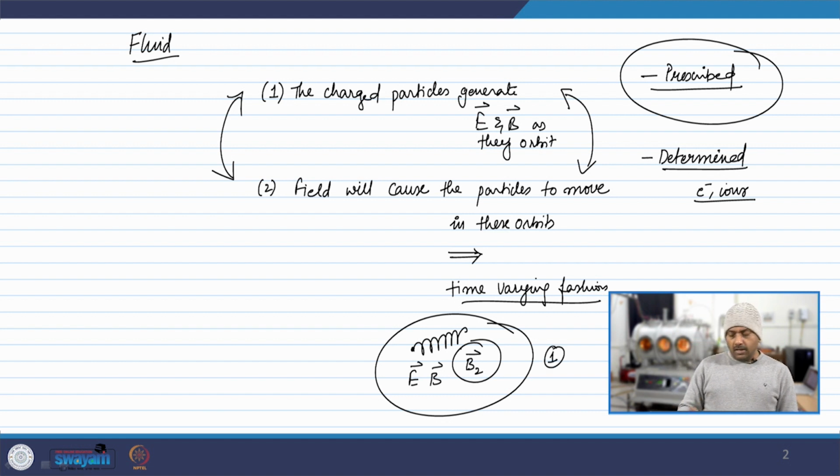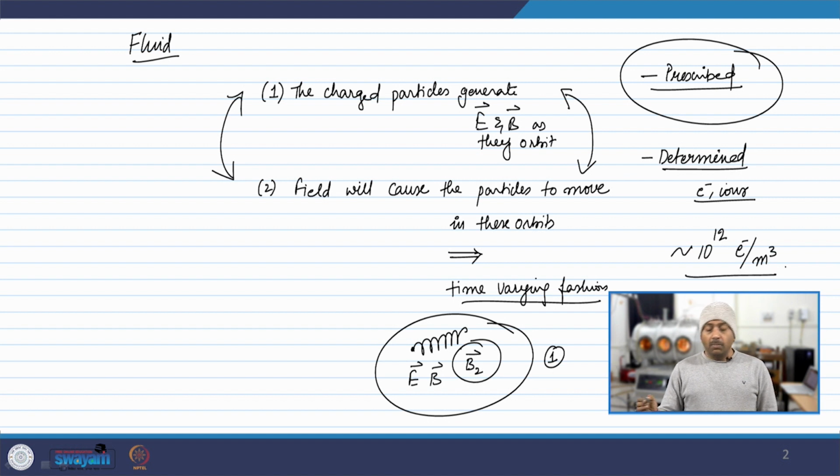Now, it can become complicated, as we can have many particles. Approximately, we can consider a typical 10 to the power of 12 particles or electrons per unit volume. Then you can imagine how complicated this entire situation can become, right.